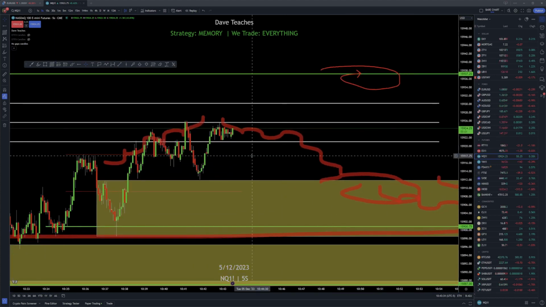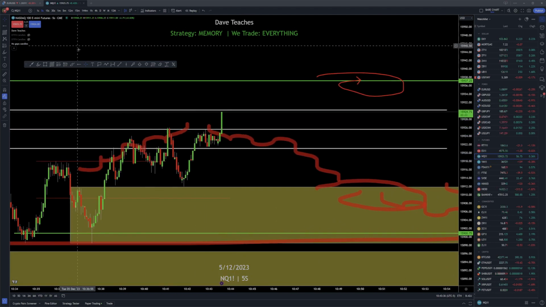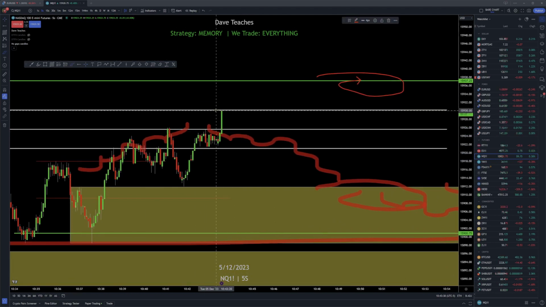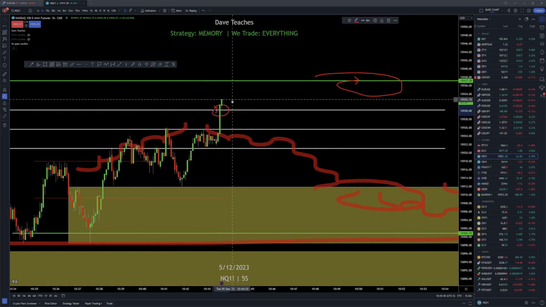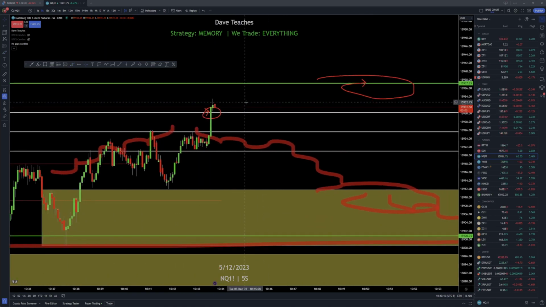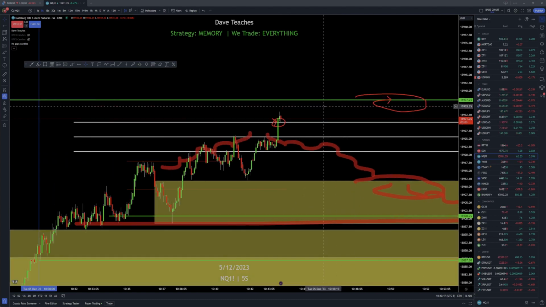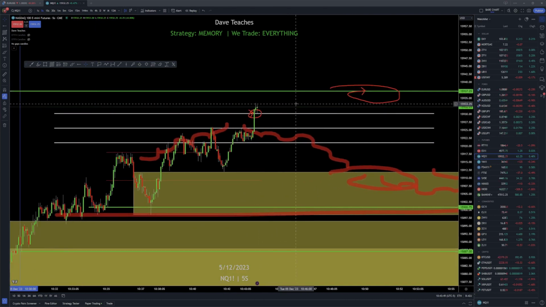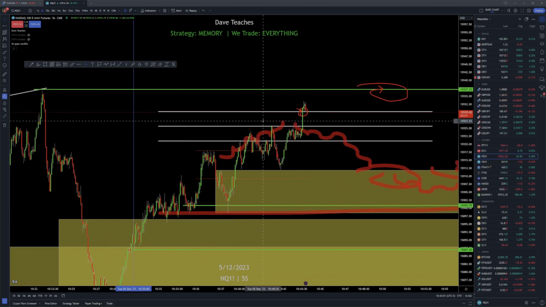Put that there. Another move here. And you got this swing below.